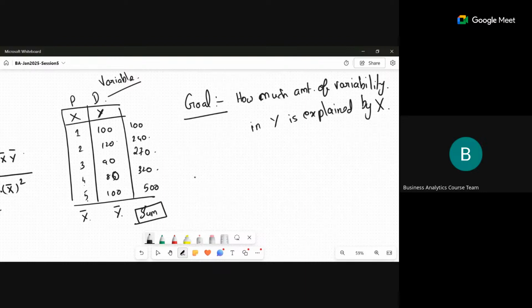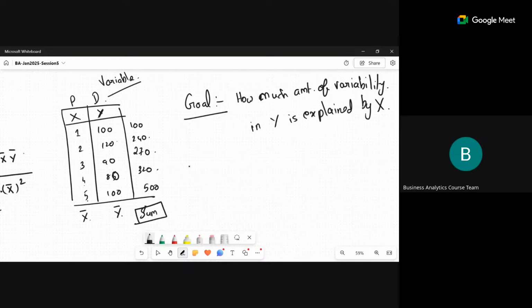But you say a model is good when there is a significant amount of variability in Y that is explained by the model. Correct? So if I fit a model between price P and demand D and get a model which is explaining only around 20% of the variability, which indirectly means that P and D are not correlated. That is okay. But the model is bad because it's only explaining 20%. However, if some other model explains 80%, then it means that that model is good.